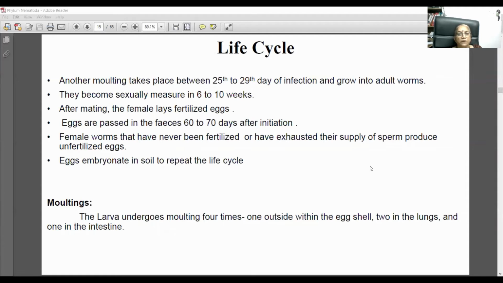The female worms that have never been fertilized are going to give unfertilized eggs.